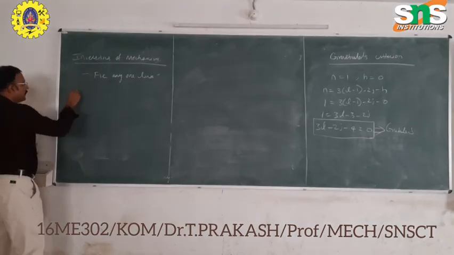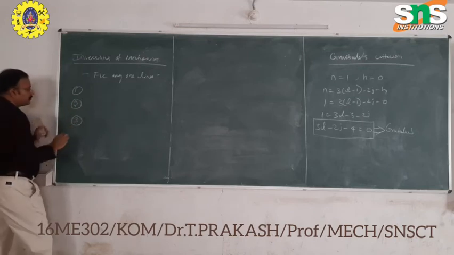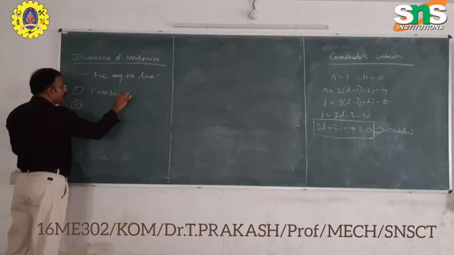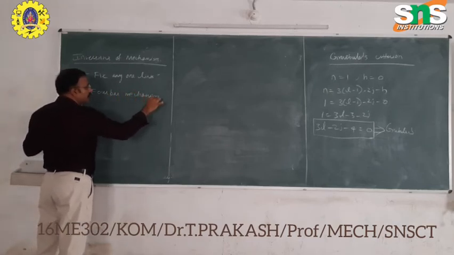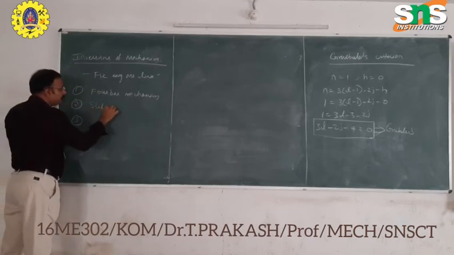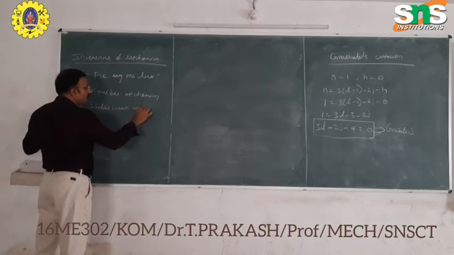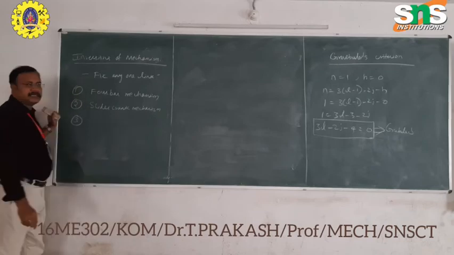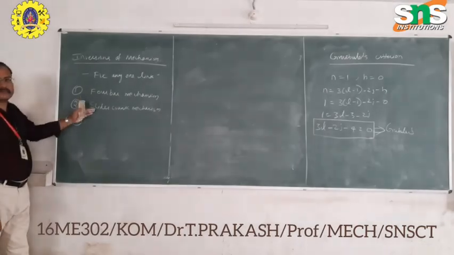We are going to define these inversions in different mechanisms. First is the 4-bar mechanism, the mechanism with 4 linkages. Then the slider crank mechanism, where this type of mechanism is used in IC engines, piston cylinder arrangements, and in different applications.